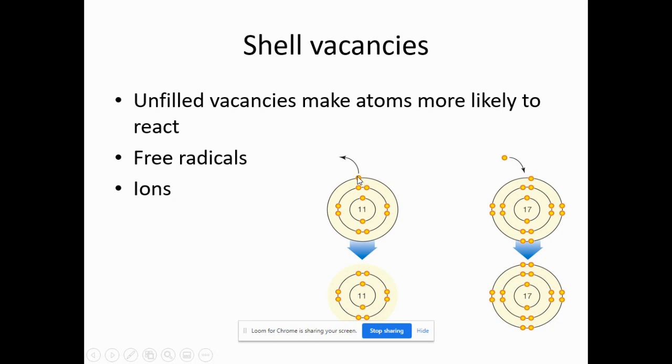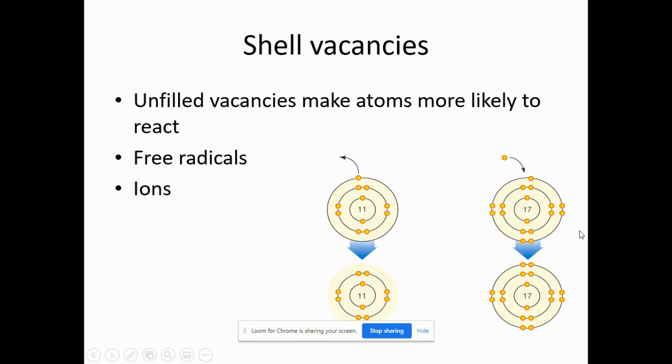And so this atom really wants to give this electron away. It wants to donate it. All right, because if it gets rid of this electron, then it gets rid of this orbital, and then it would have a complete outermost shell. All right, and then contrast that with this one, you have an atom with 17 electrons.